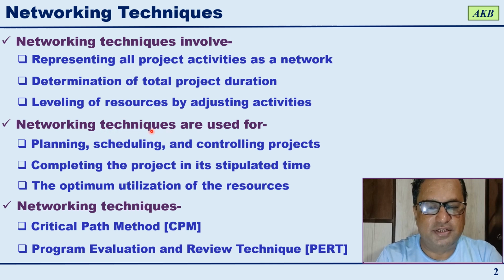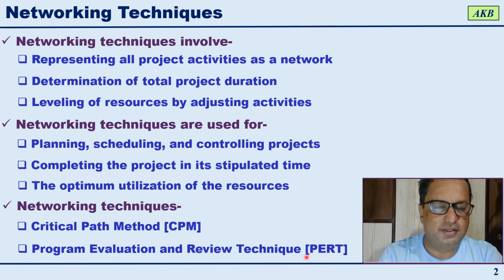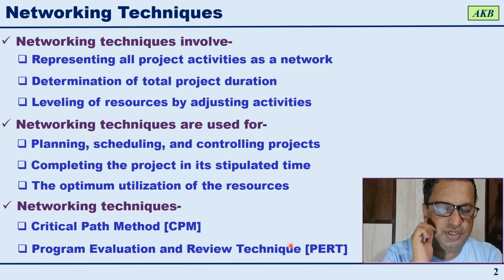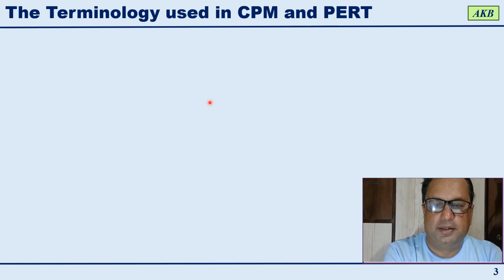They are used for planning, scheduling, and controlling projects, for completing the project in its stipulated time, and for the optimum utilization of resources for project completion. We will talk about two networking techniques: the critical path method, and the program evaluation and review technique, which is PERT.